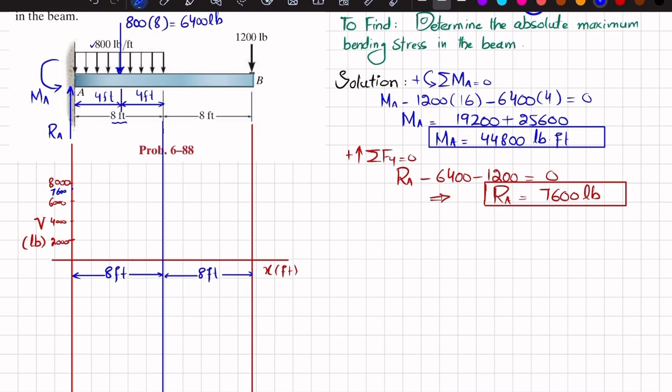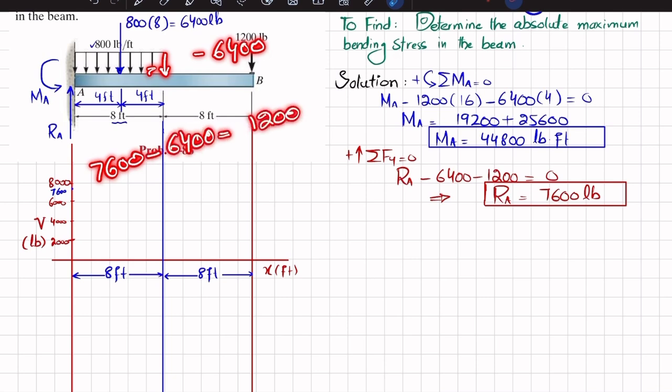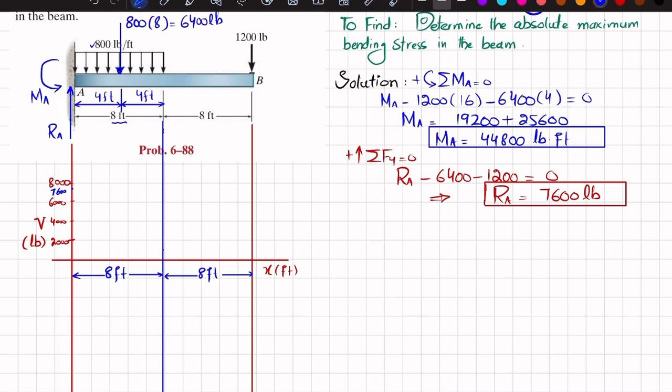Now we want to find the shear force at this point. You can see this is the load, which is 800 over the length over which it acts, which is 8, so it is 6400. This is a downward force, so this force will be minus 6400. So 7600 minus 6400 will give 1200, plus 1200. So over here we will have plus 1200. Let plus 1200 be this point.